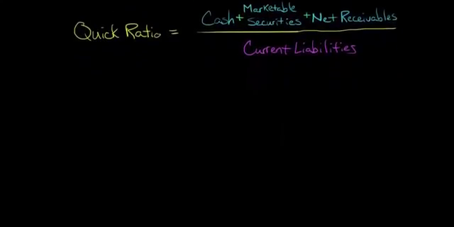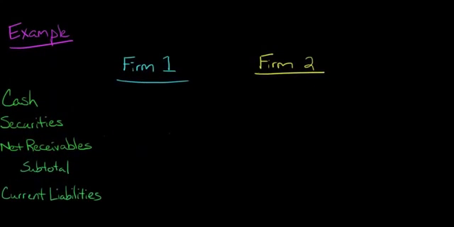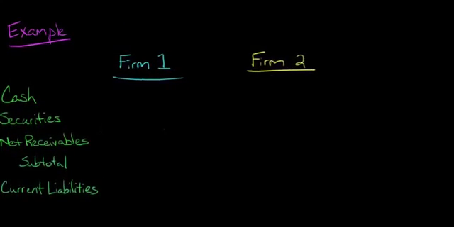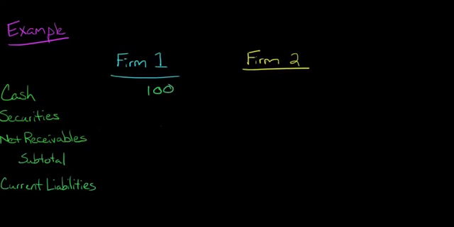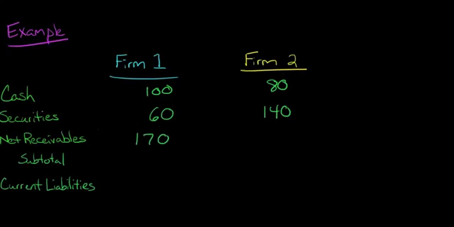Let's take a look at an example. So with firm 1, let's say that we have cash of $100. And for firm 2, we have cash of $80. And then there's marketable securities of $60 for firm 1 and $140 for firm 2. And then net receivables of $170 for firm 1 and $200 for firm 2.